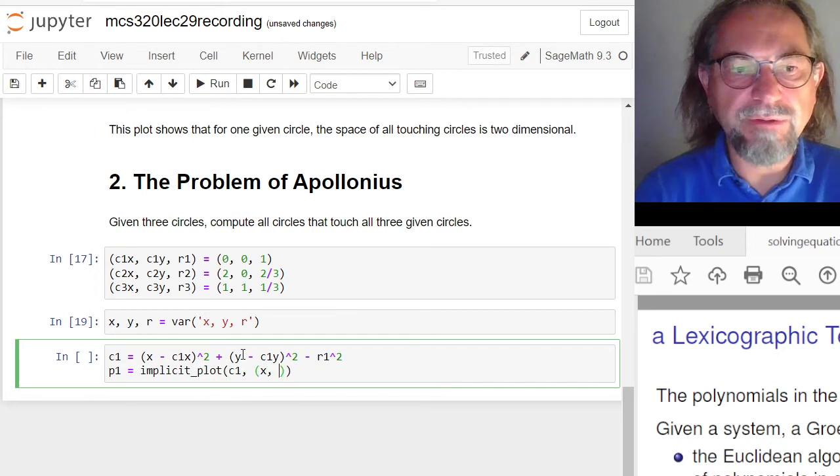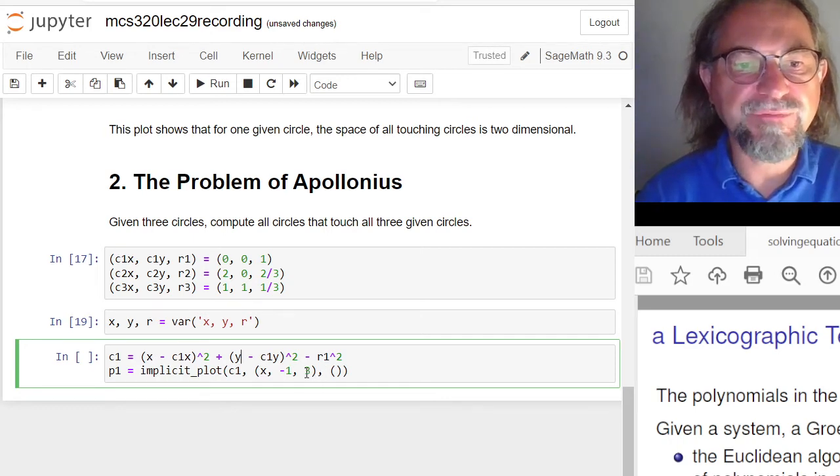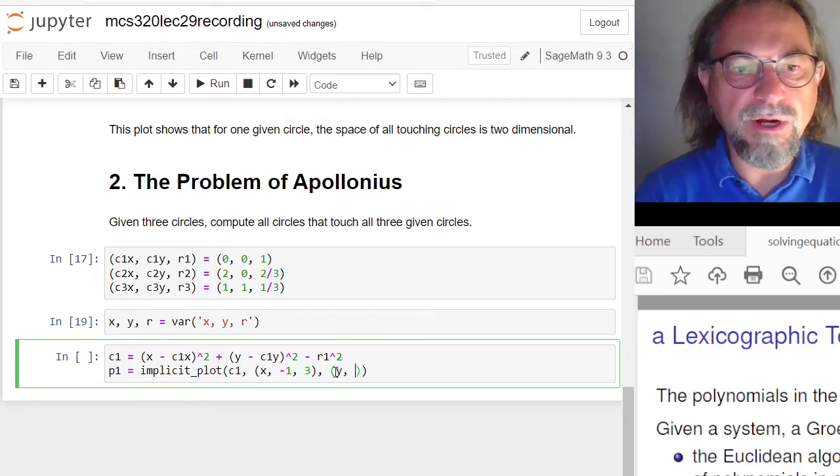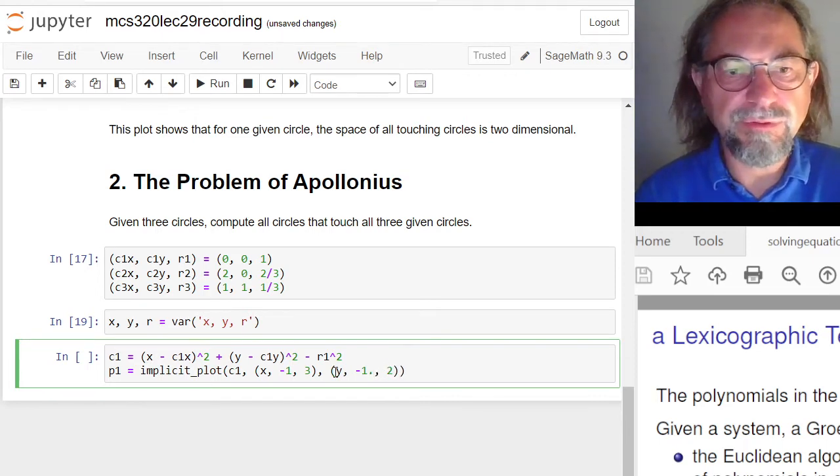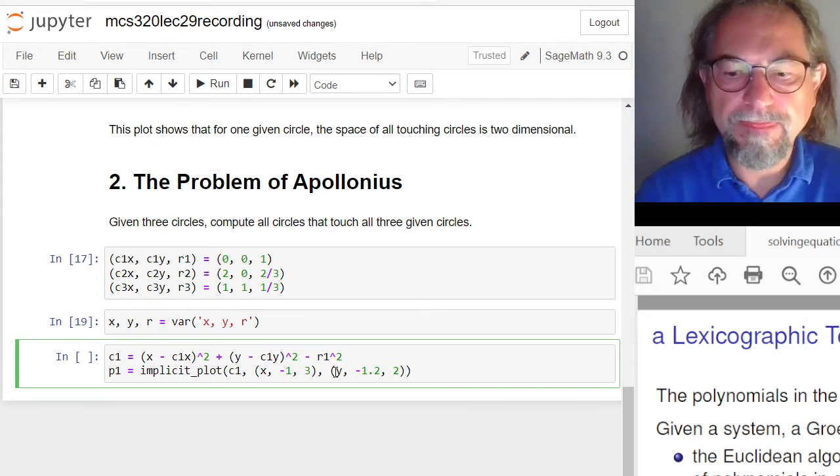I have to define a range for x. I'm aware that there is a circle at 2, 0, so that's why I will fix the range for x to 3. And the range for y will correspondingly be fixed to, perhaps I should put a little bit more.